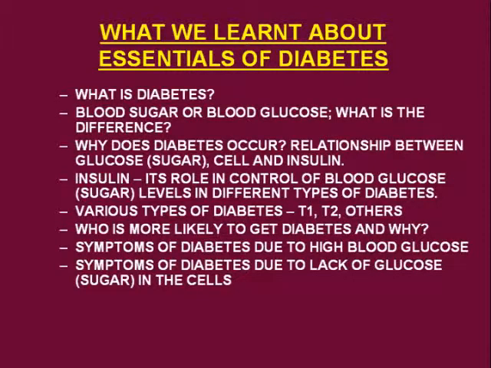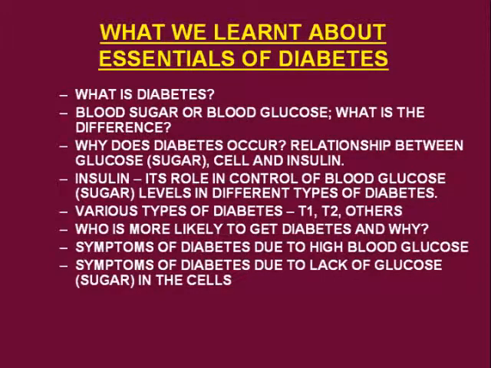So, what did we learn about essentials of diabetes? We learned what is diabetes, and what is the difference between the terms blood sugar and blood glucose. We learned why diabetes occurs and what is the relationship between glucose, cell and insulin.